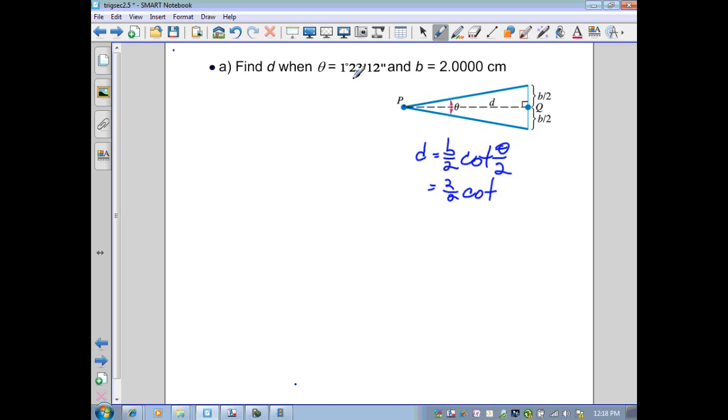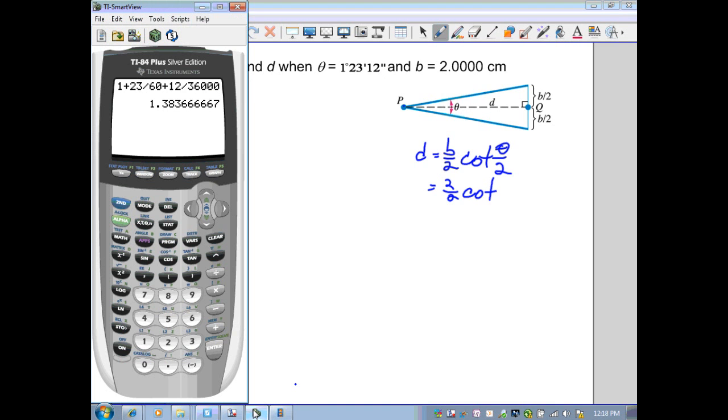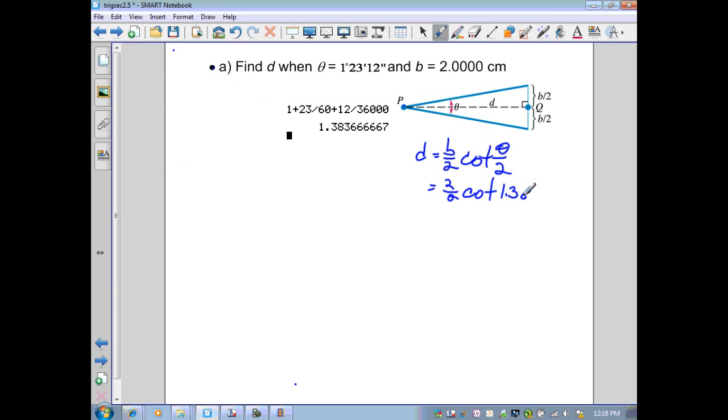Theta is given in degrees, minutes, and seconds. I need to calculate that into decimal degrees, which I already have done. That gives me a value of 1.386667. I'm just going to substitute in 1.386667 over 2.